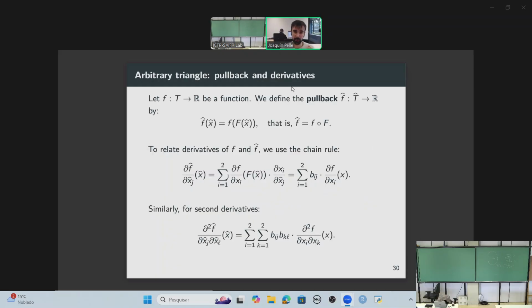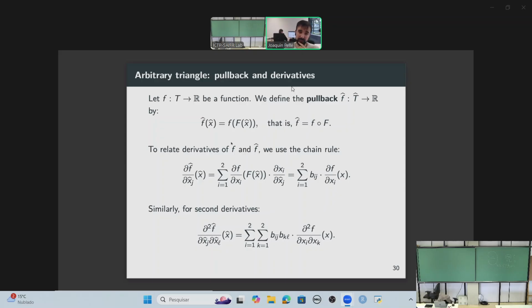So to put that in more concrete terms, we define the pullback, like we said, as the composition of the two maps. So this little f is the real function on the physical triangle, and we have the f hat that is defined as the composition with the affine map that takes the reference triangle into the physical triangle, right?